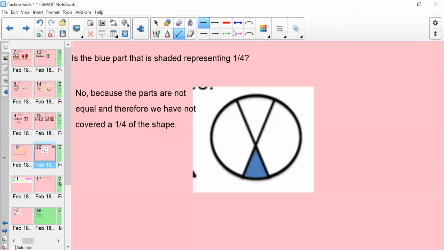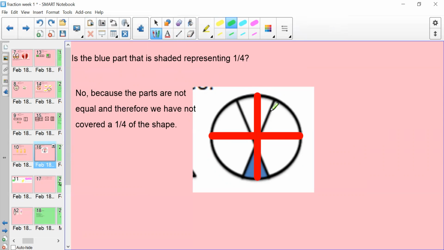And what you might have wanted to do is draw some lines in your shape as well and split it into quarters. And then you might have wanted to shade it as well, 1 quarter.